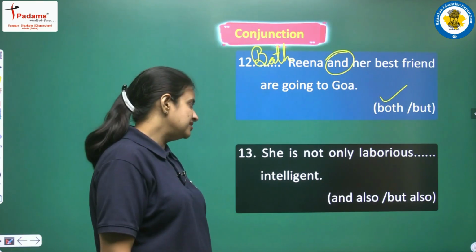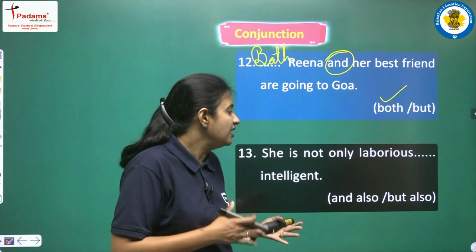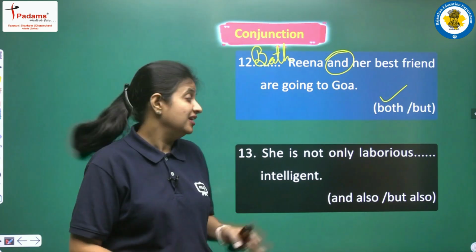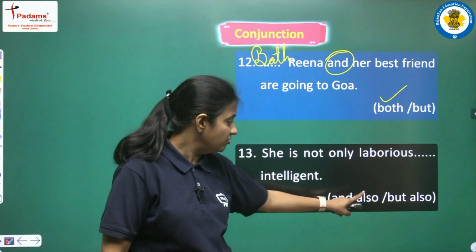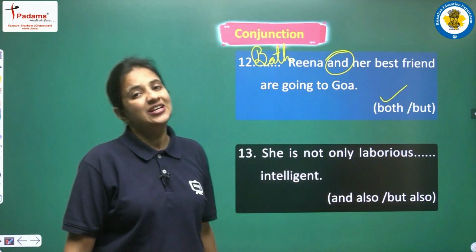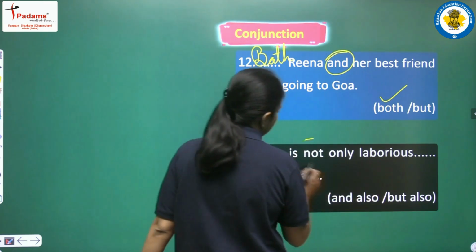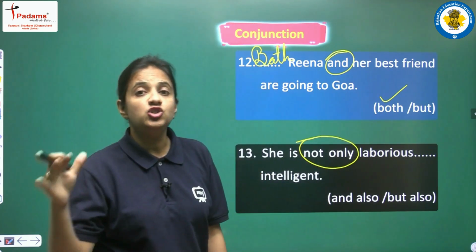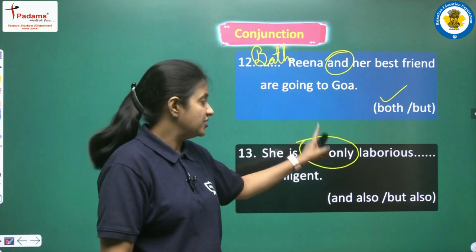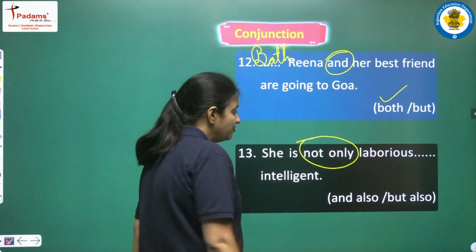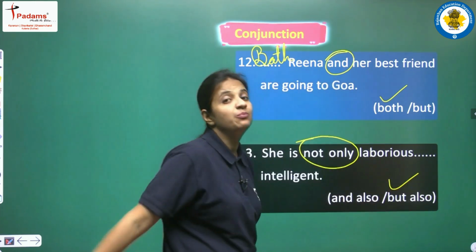Moving on, next, she is not only laborious, intelligent. Given options we are having and also, and but also. We all know that this is one of the conjunctions when these two words are used together. First one is not only, and with not only we have to use but also.